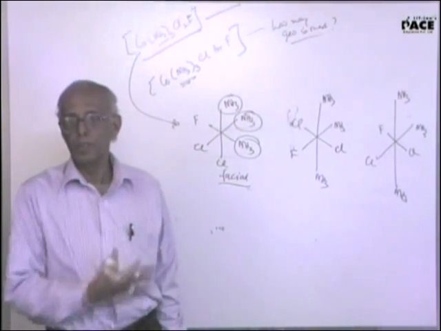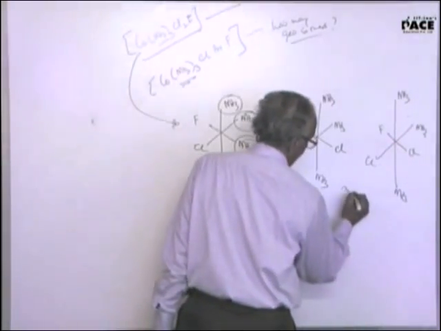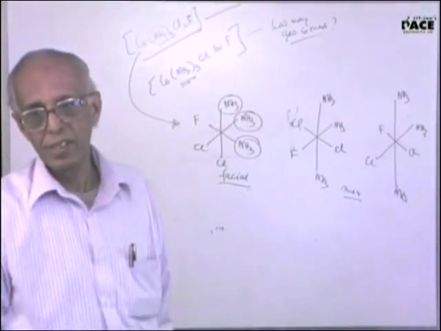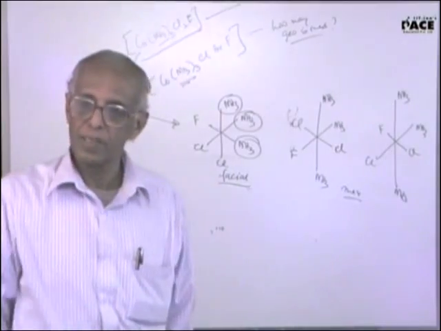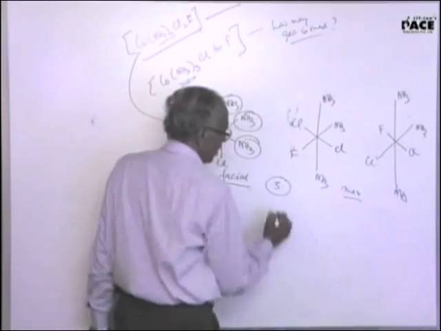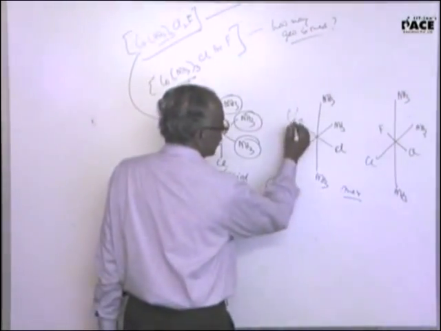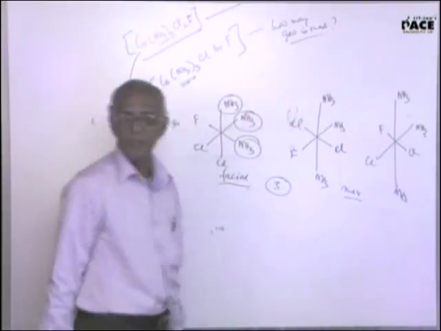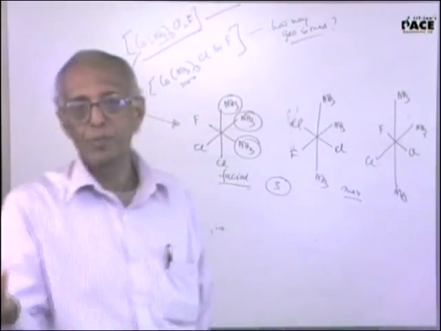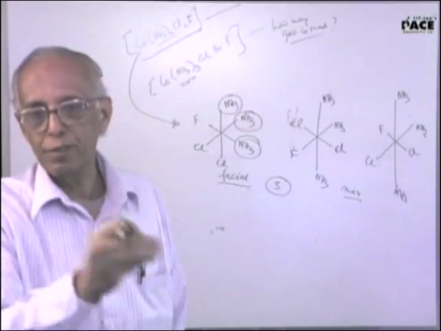These are the two possible. So you will have two meridional isomers and one facial isomer. So the total number will be 3. Cl trans to Cl, Cl trans to F. You have 3 positions, you have 2 atoms. How can you place them? Chlorine trans to chlorine.